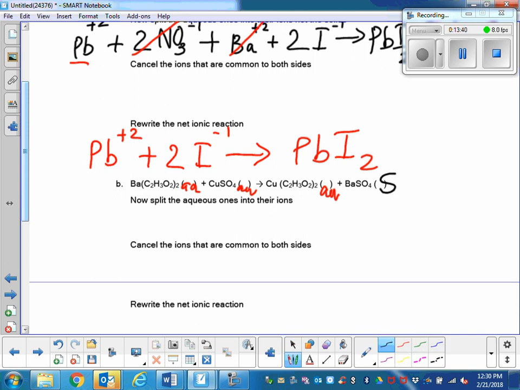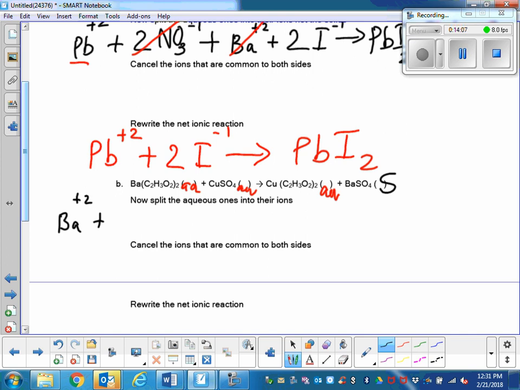Okay. So we're going to split. This is AQ, so I'm going to split it up. What is the charge on barium again? Barium is a plus 2. Plus, I know you kids haven't done this, but is the charge for acetate there on the previous side? What is the charge on acetate? Negative 1. And how many acetates does this one have? 2.